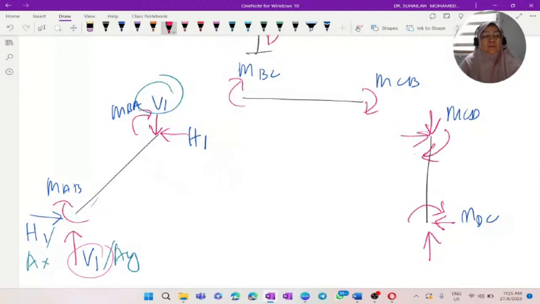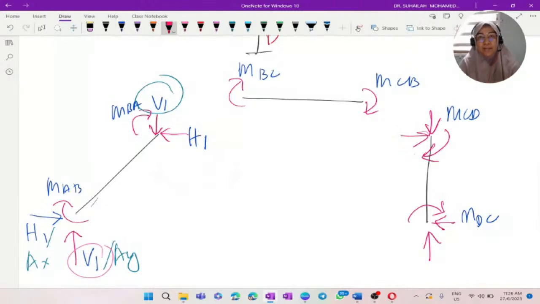For the sign convention of the moment distribution method, the moment that acts on the member is clockwise. That is why at the beginning we assume all moments in the clockwise direction.